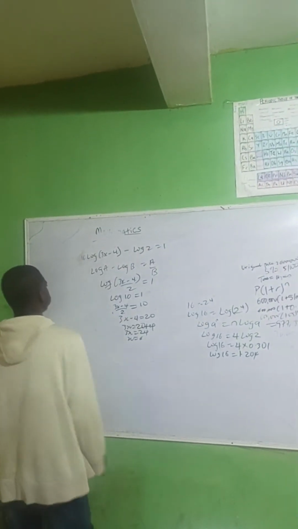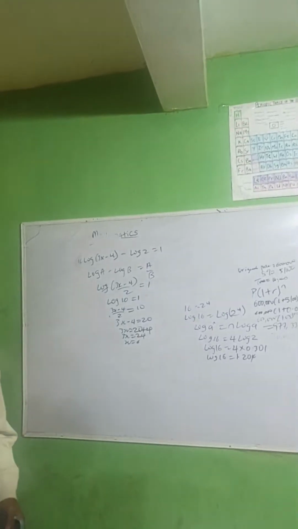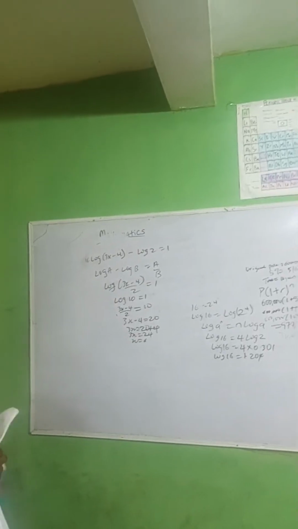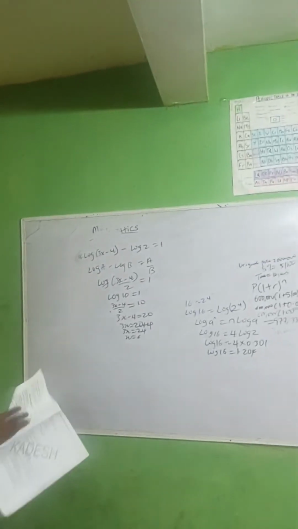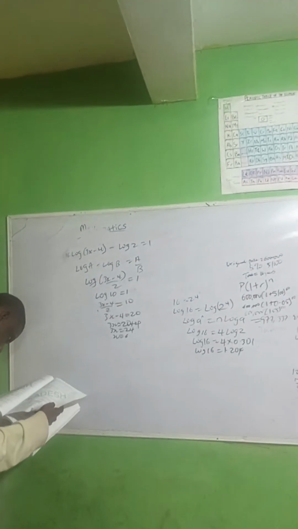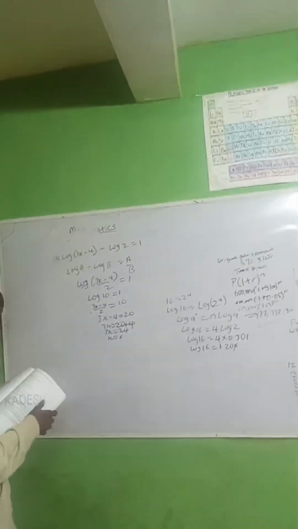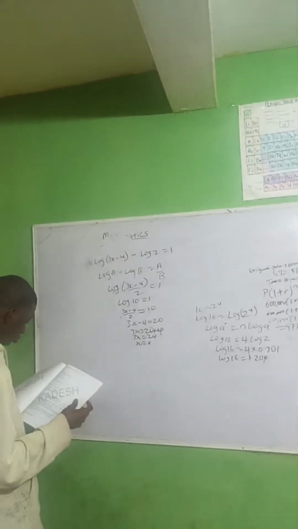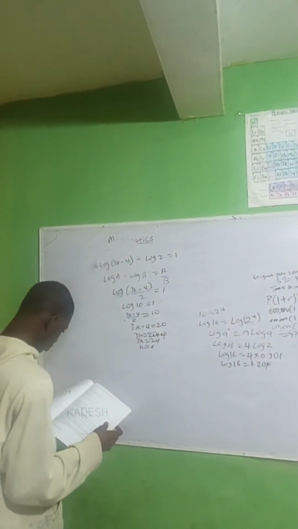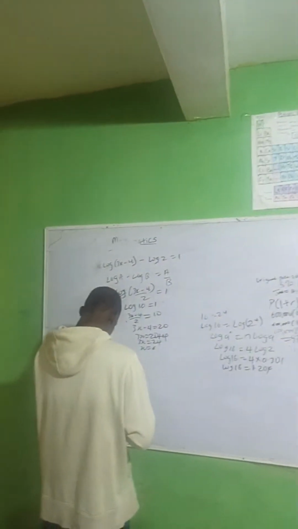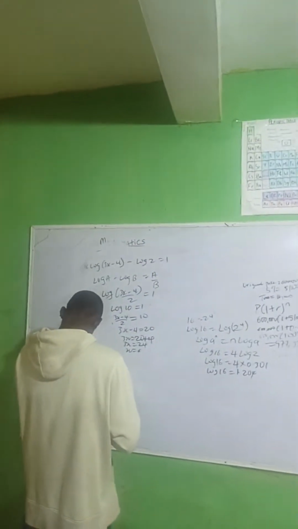So log 10 is equal to 1. Just that rule of thumb, log 10 is always 1.